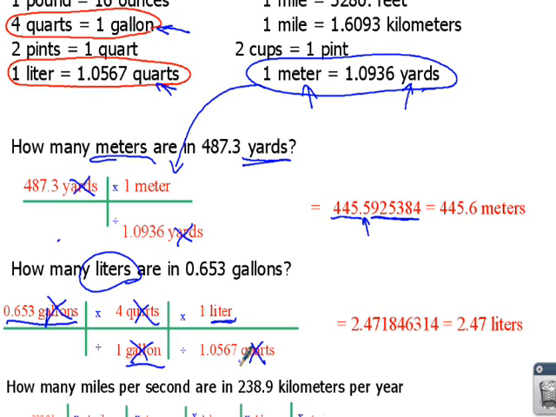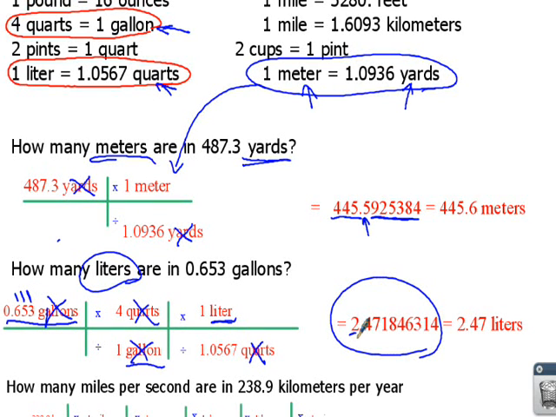And again, I pick up my calculator, and the calculator spits out a very long answer. And I need to think about the significant figures as I round this answer. I have 0.653 gallons. That's only 3 significant figures in the given, and this answer has what looks to be like 9 or 10, I don't really know.